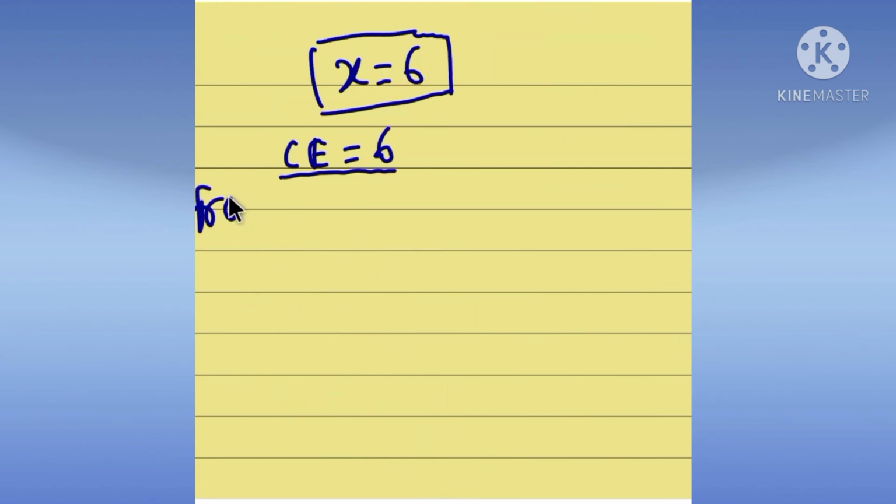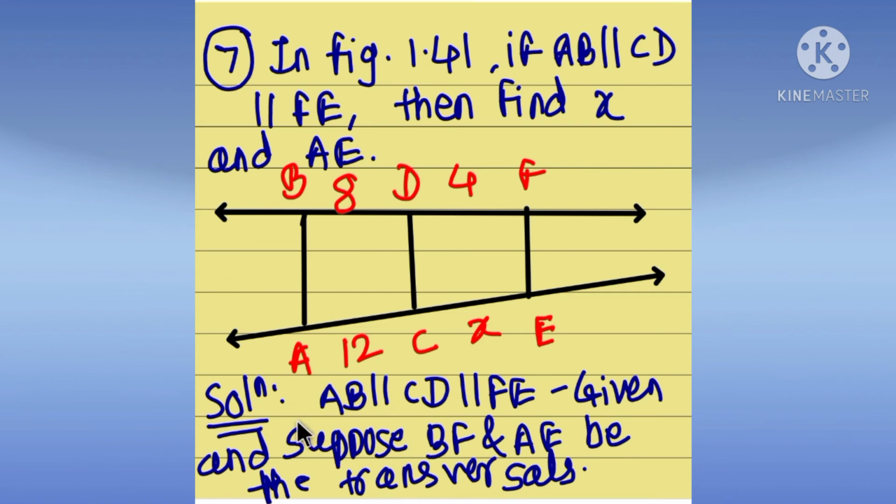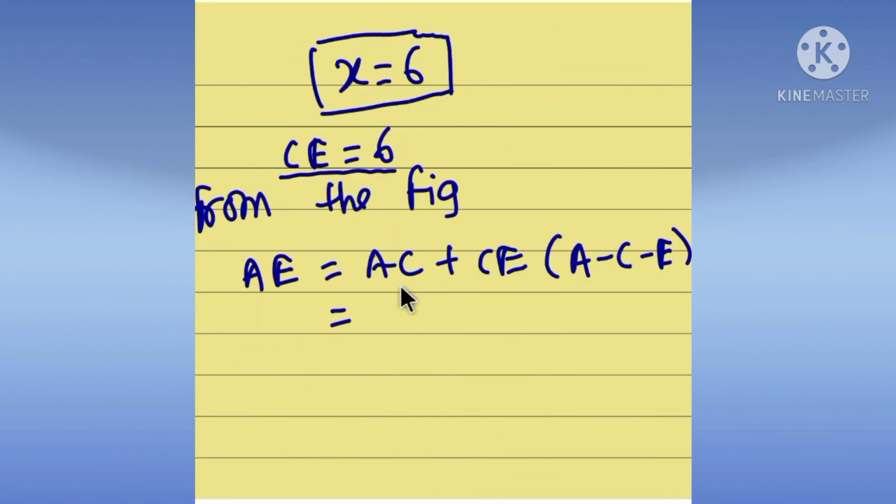From the figure, AE equal to AC plus CE. Why? Because A, C, E are collinear. So AC equal to how much? AC is 12 and CE we got it 6.